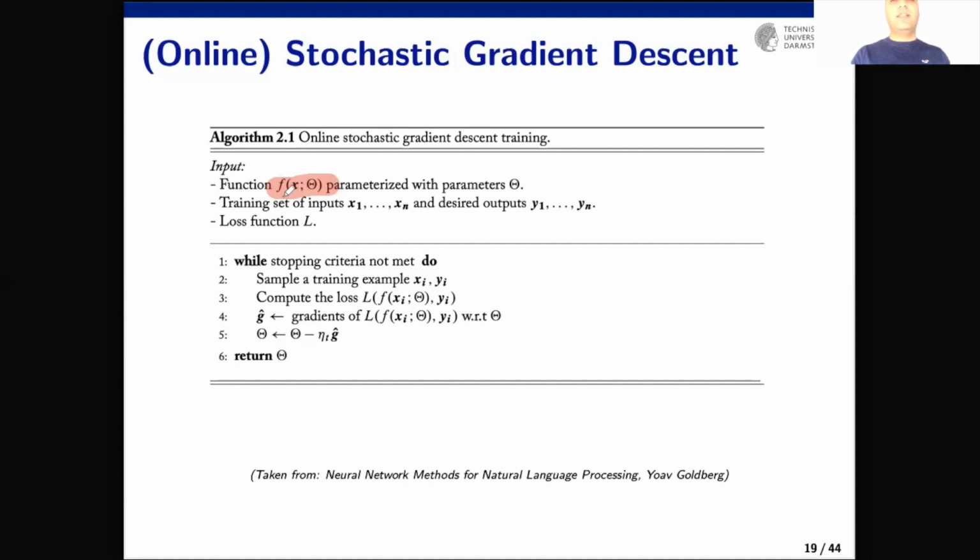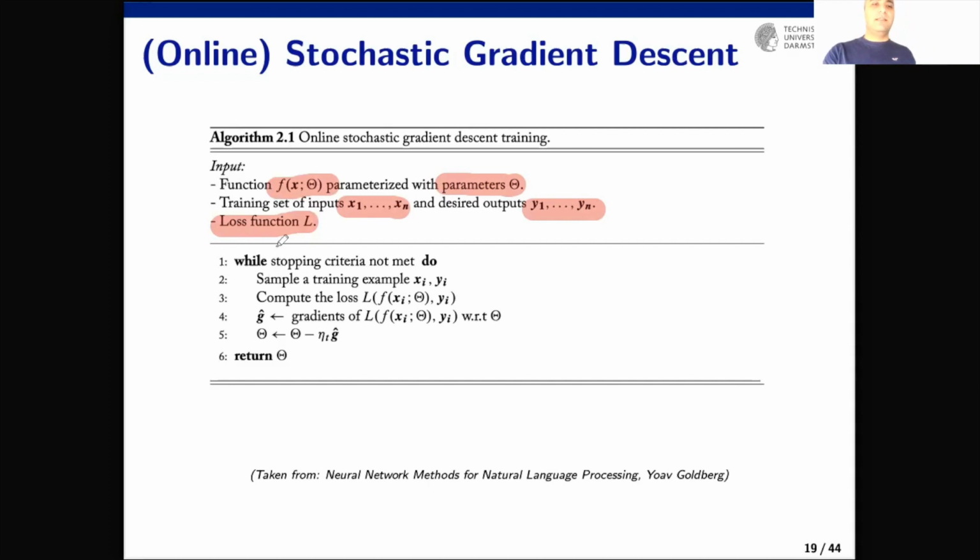This is the output of the learning algorithm, right? And this is a parameterized function, and let's say the name of the parameters is theta. We also have a training set of input samples and a set of true outputs, and we also have the loss function.